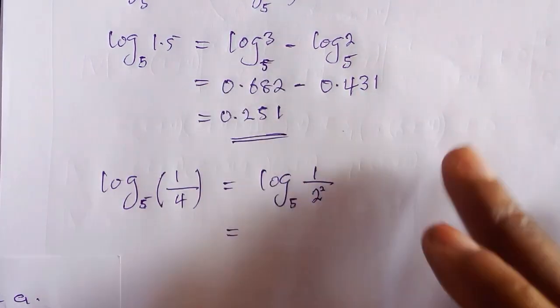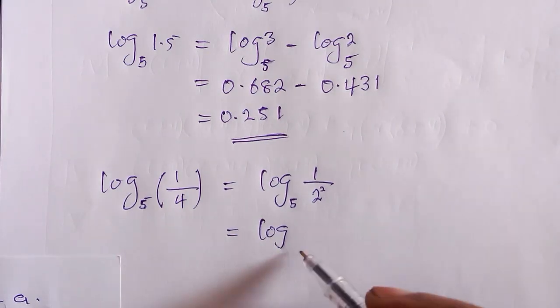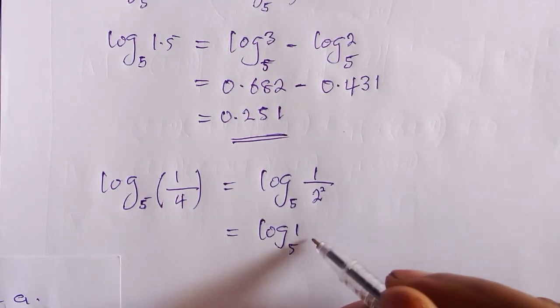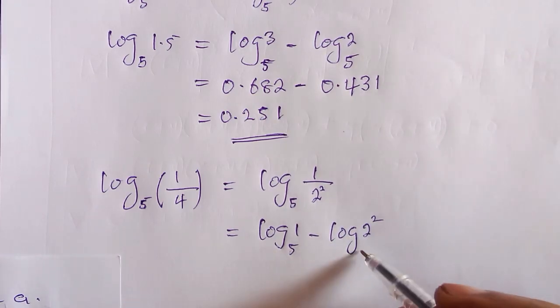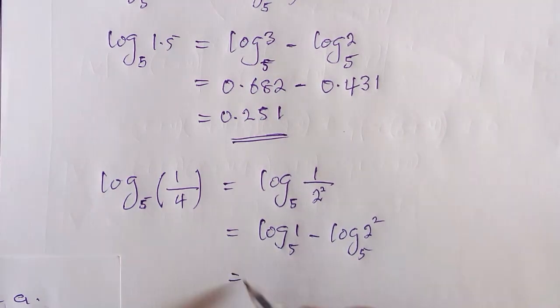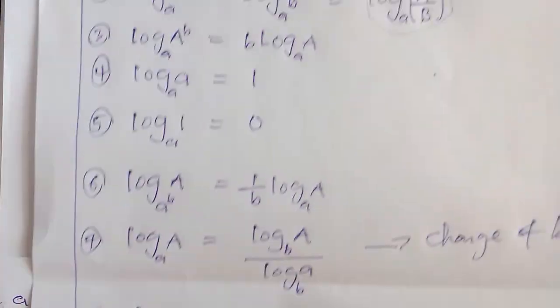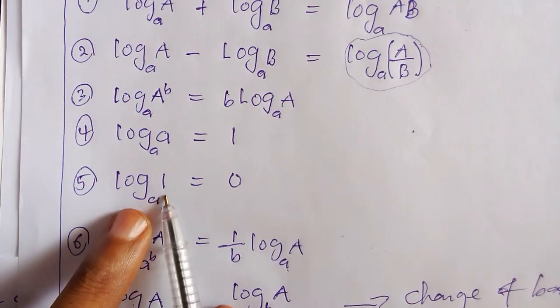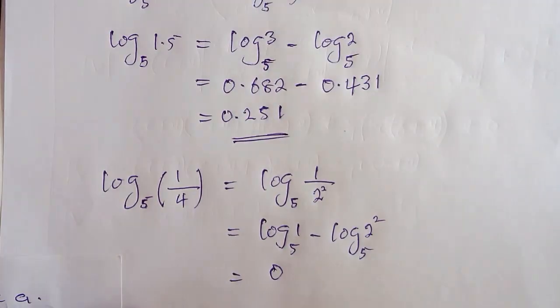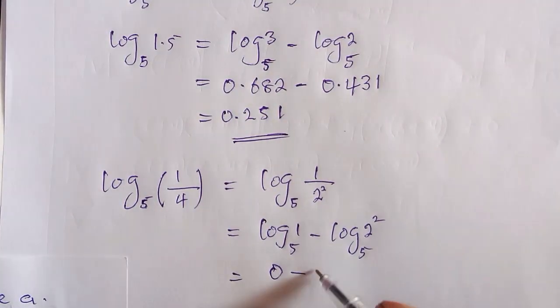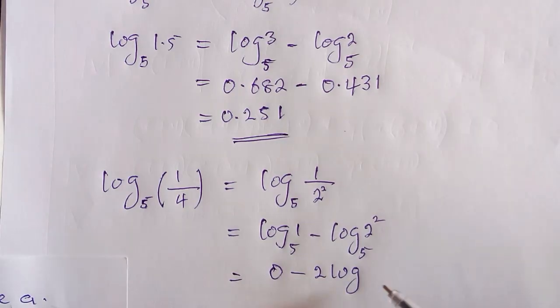Remember, from what we did here, we have log 1 base 5 minus log 2 to the power 2 base 5. Log 1 base 5 is 0. From our laws of logarithm, log of 1 to any base is 0. Then we have minus 2 log 2 base 5.